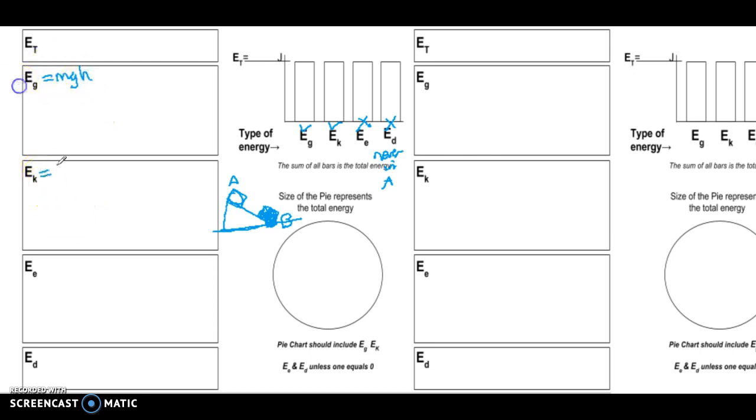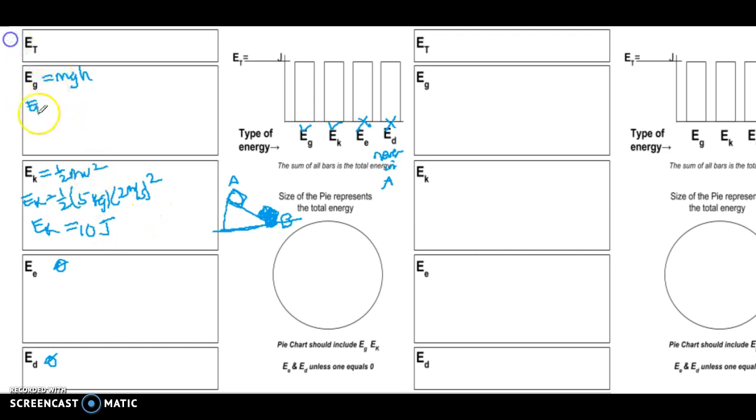I'm only going to have this one, EK, none of this, and none of this. So the EK is going to be 1/2 times the mass of the block, 5 kilograms, and it's moving at 2 meters per second. You have to square that. So 1/2 times 5 times 4 is going to be 10 joules.